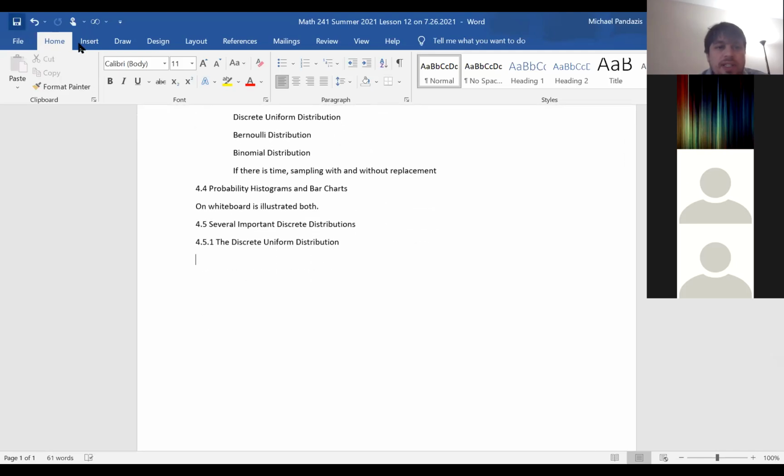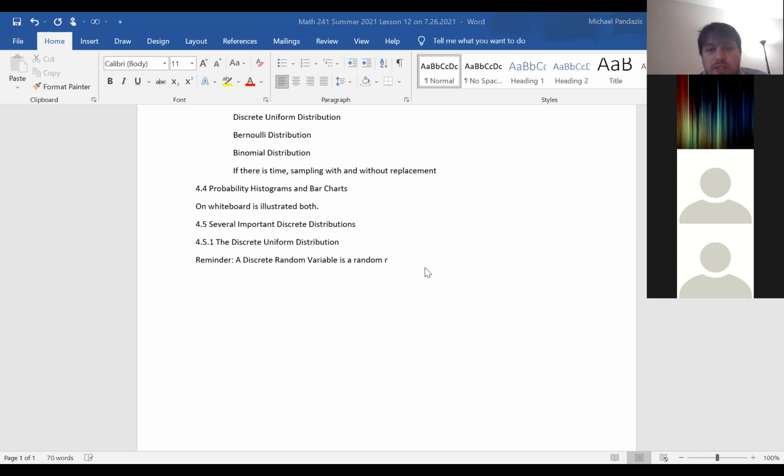Right now we're living in a discrete sample space. Reminder, a discrete random variable is a random variable, and I'm not going to go into the definition of random variable. What I want to do is just talk about discrete for a second.